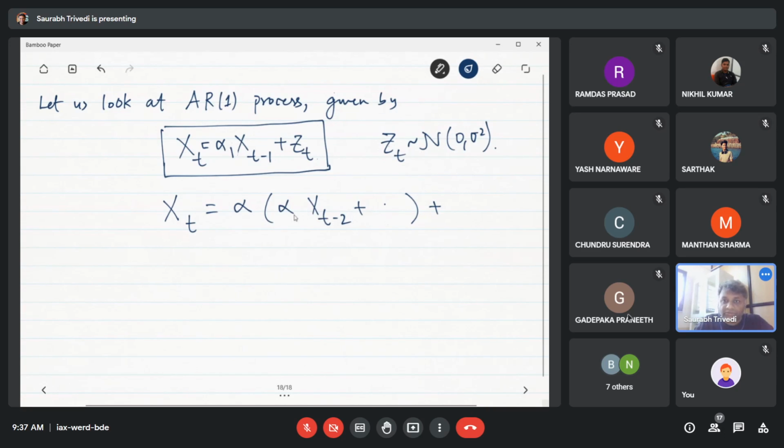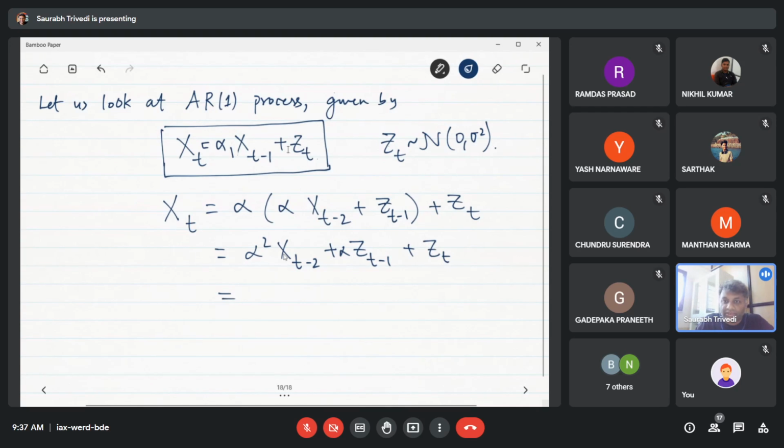Now I can replace xt minus 1 with alpha xt minus 2 plus zt minus 1, plus zt, right? And so this will be alpha square xt minus 2 plus alpha zt minus 1 plus zt.